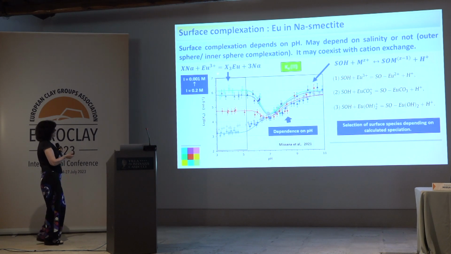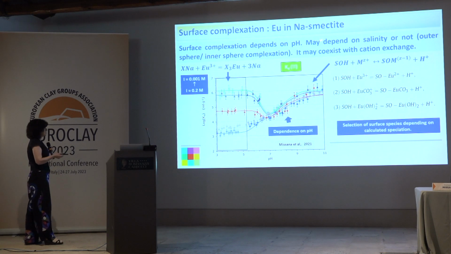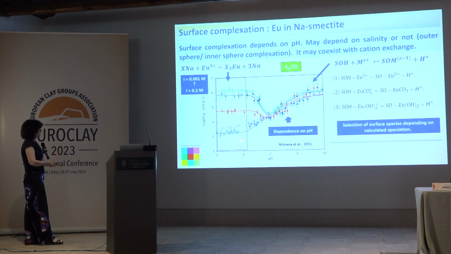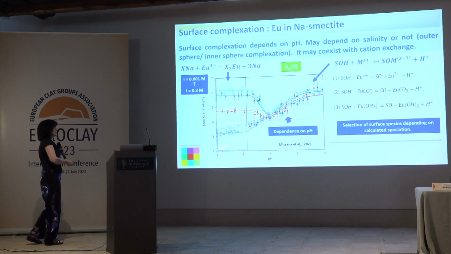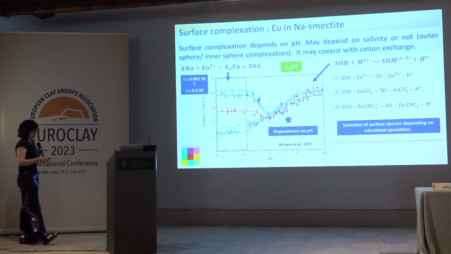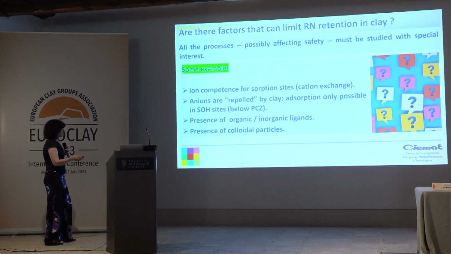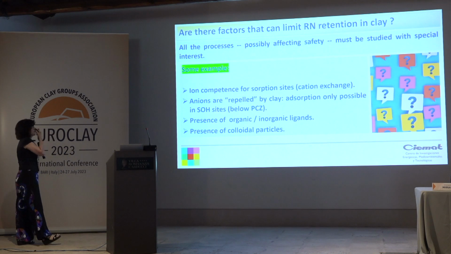This is the example of europium, also in the same solid smectite, in which we have a clear region where cation exchange is predominating, and then from pH 5 to higher pH, we have a dependence on pH, so it depends on surface complexation. We have selected these species to model this data depending on the calculated speciation I showed before.